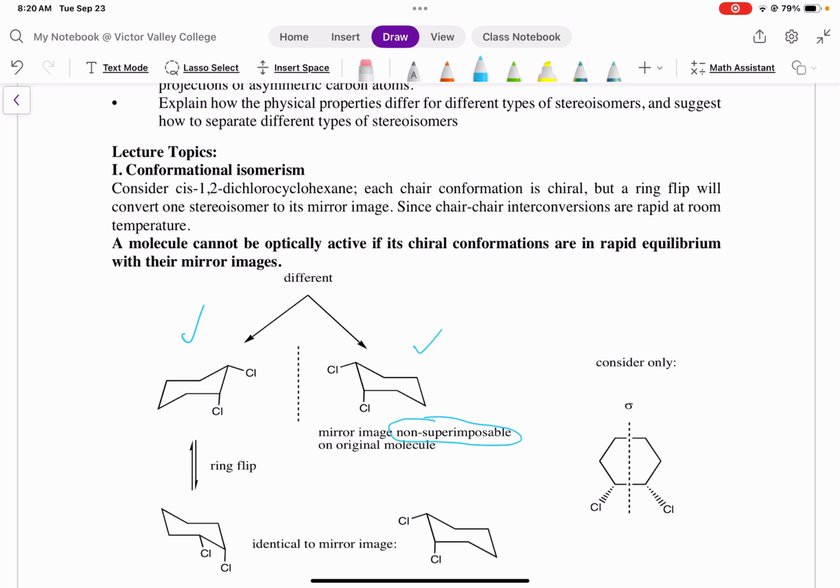So we call them enantiomers. They always come in pairs, right?